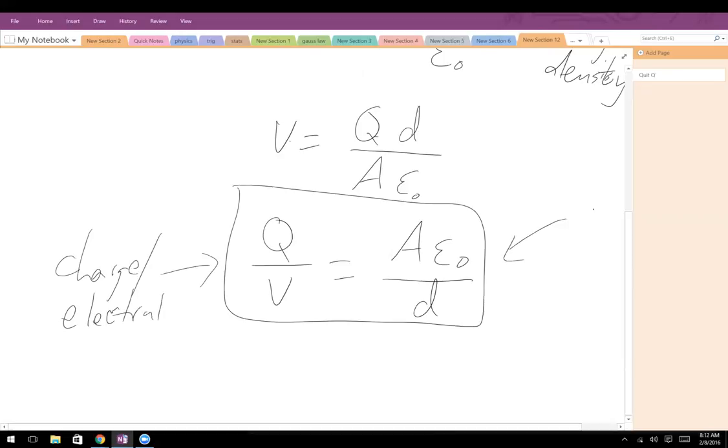This stuff doesn't. This is just like area and distance. I mean, the A is the area of each plate, D is the distance between them.